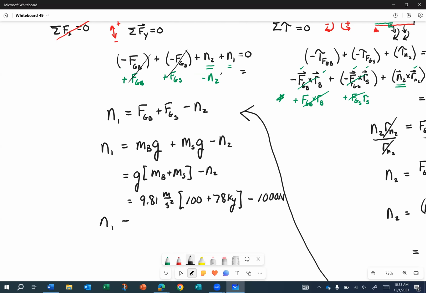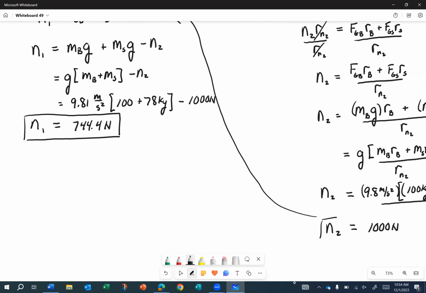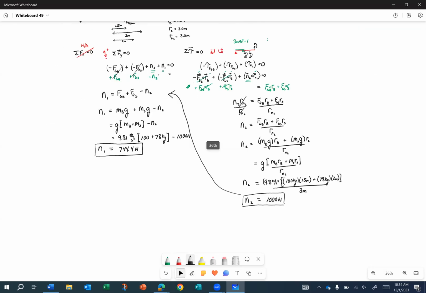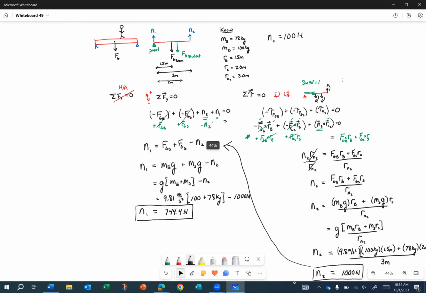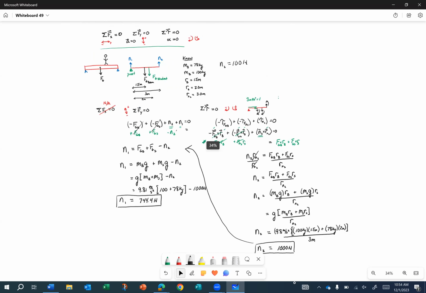Plugging all that in, you get the value of N1 to be 744 newtons. So our two forces of support are not the same, which might be what you would think at the beginning, that each one of those supports would be the same, but they are not, because the person is located at different positions, right?